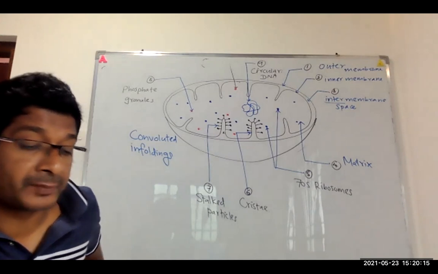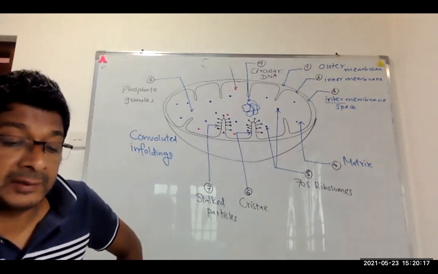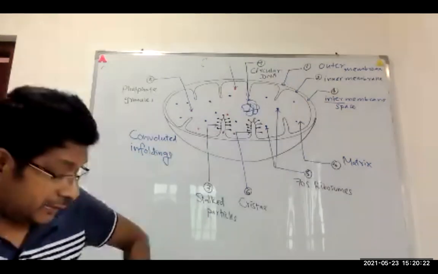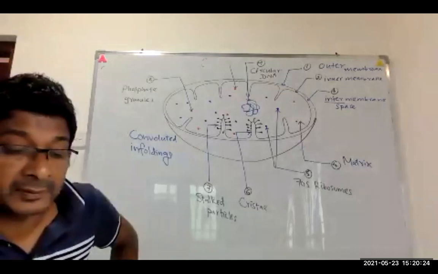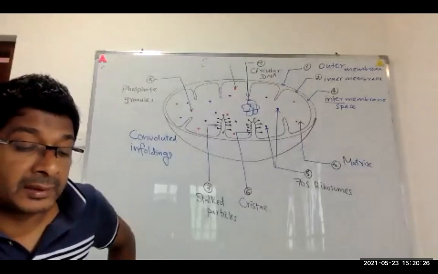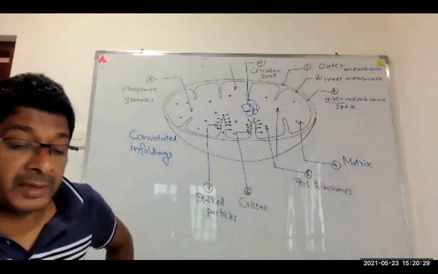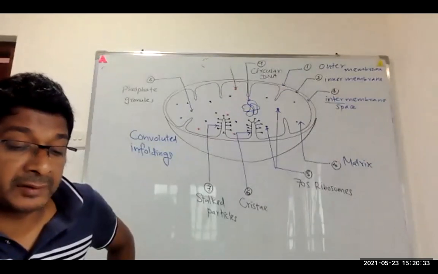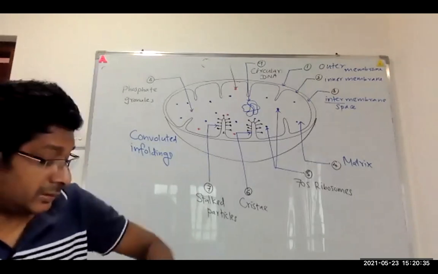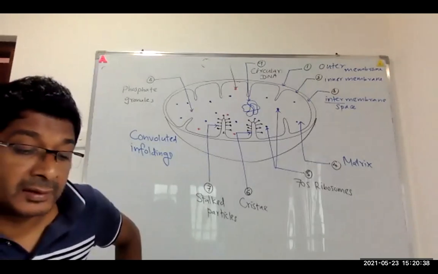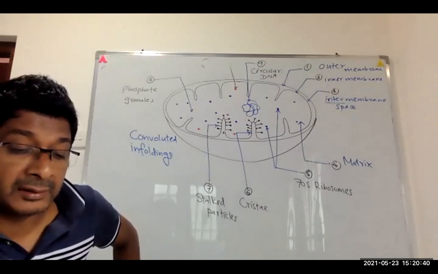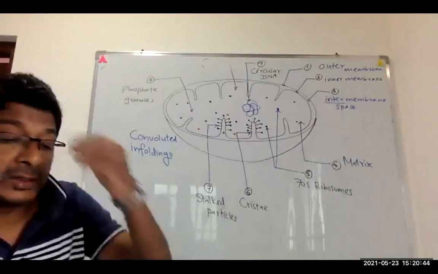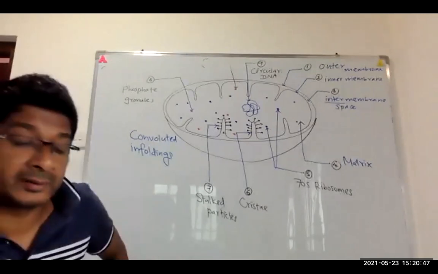Next point. The matrix carries enzymes for the reactions in the Krebs cycle, which occurs in cellular respiration.